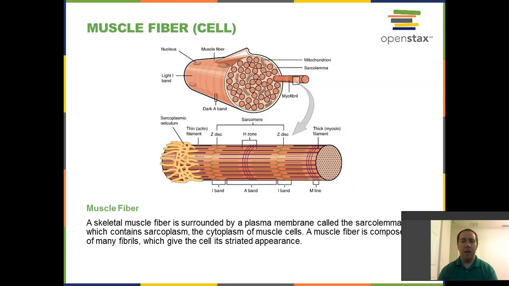These are the myofilaments. And if you look at a myofibril, it's very long. And within the myofibril are repeating units. One single unit is called a sarcomere. And that's what we're seeing on this bottom part of the diagram. A sarcomere runs from one Z disc to another Z disc.